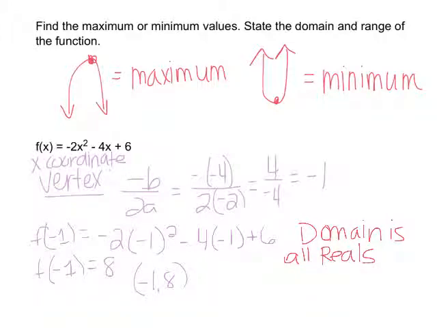And my range is where y is less than or equal to 8. And the reason I have that y less than or equal to 8 is because I know that a is negative, so it's going to have a maximum, so it's down. And my y of my vertex is 8, so my y here would be 8. And I want anything that's less than 8.